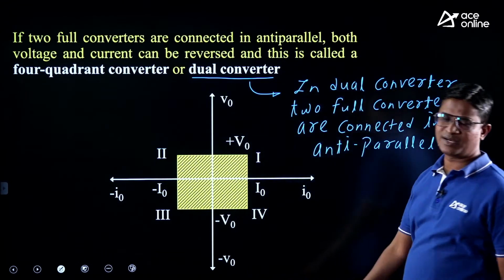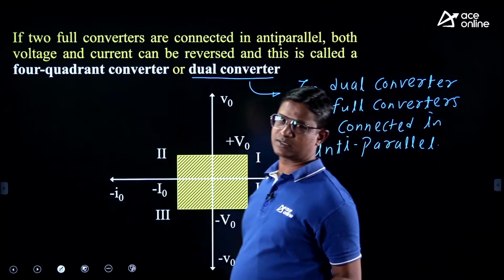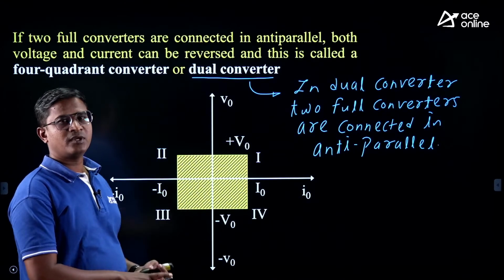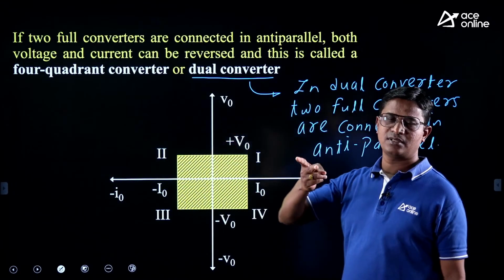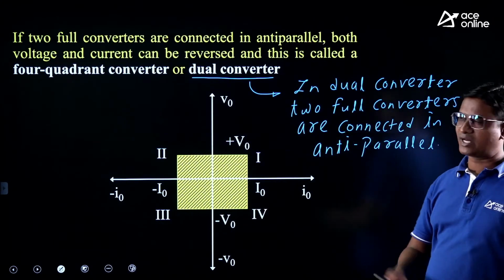Dual converter means what? It is a simple anti-parallel connection of two full converters. So dual converter, 4 quadrant operation. Full converter, first and fourth quadrant operation, that is 2 quadrants. And semi converter, only 1 quadrant operation.